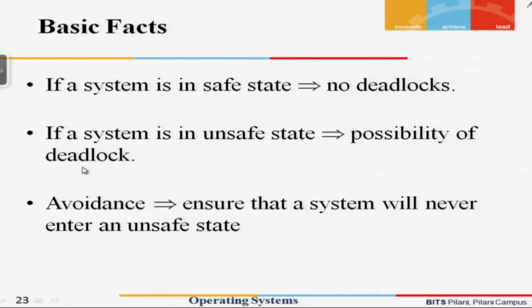So the avoidance scheme essentially tries to ensure that the system will never enter an unsafe state. That is what any avoidance scheme would try to achieve.